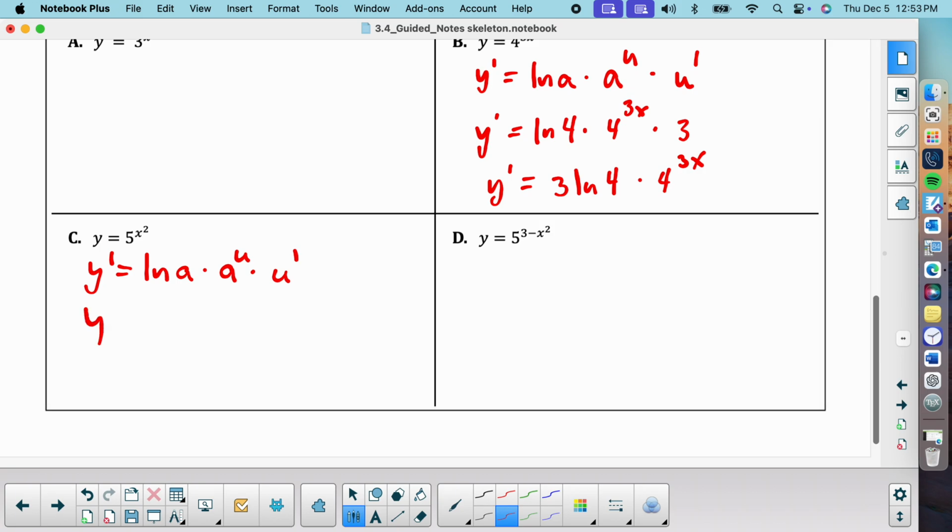First, I guess what should be helpful is, can you guys identify what would be A and what would be U? What's A? 5, the base is 5. The U would be X squared. Okay, so pretty much just fill it in. Perfect.